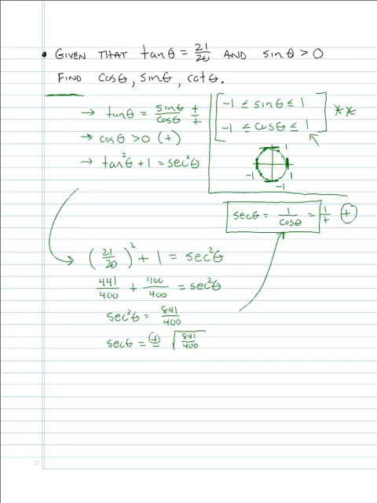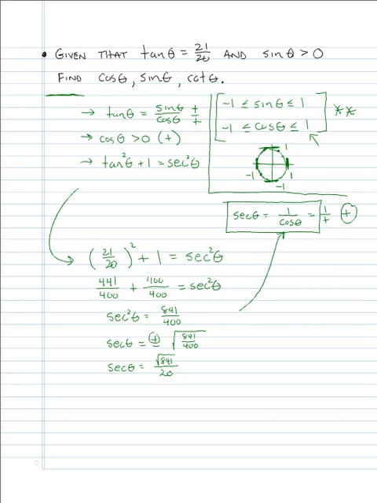So this is the sign we're going to use. We know the secant of theta is the positive square root of 841 over 400. So that means the secant of theta is equal to the square root of 841 over the square root of 400, which we already know is 20. That's where that 400 came from, basically, was squaring 20.